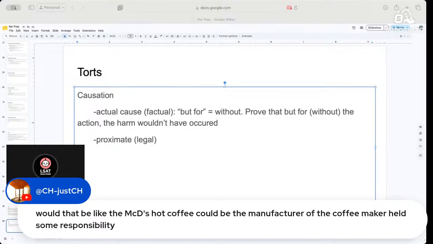Let's say the workers were making the coffee hotter than the coffee machine's instructions said. So using the coffee machine is a cause for the hot coffee, but it's not the most direct cause. The real cause was the McDonald's worker making it 190 degrees.